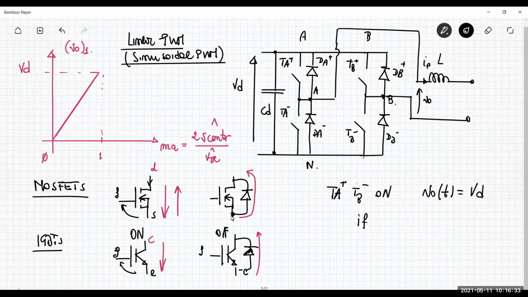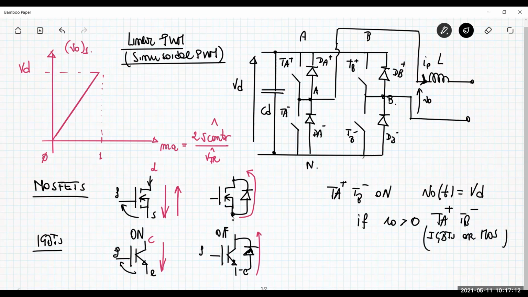If the current I naught is positive, so it flows exactly as indicated in the figure here, the devices that conduct the current, since TA plus and TB minus are both on, are TA plus and TB minus, independently of whether they are IGBTs or MOSFETs.